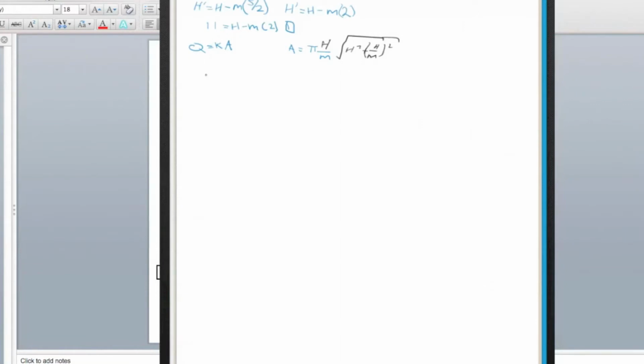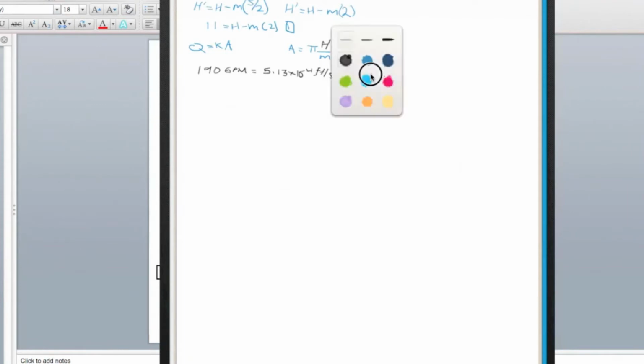And then going back to the equation for Q, we were told in the problem we were going to be using 190 GPM pumps. K, which I didn't give you, but for this problem is 5.13 times 10 to the minus 4, in feet per second. Since we're already in gallons per minute and we've got feet per second, let's go ahead and multiply by 60 seconds in 1 minute, and then this whole thing times the area.